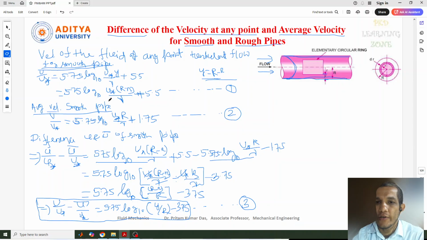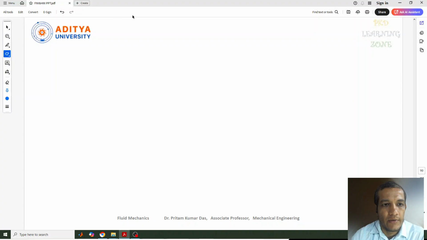Similarly, we need to find out for the rough pipe. There are no other differences. So here also let me write similarly velocity at any point. So these things no need to write.